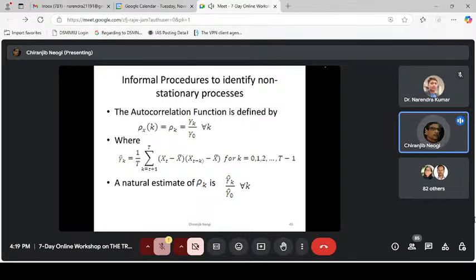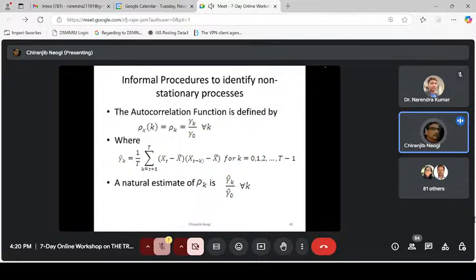Here the value of k is 5. So if I take the correlation of these two series, that is called the autocorrelation, and the process is called the autocorrelation function.